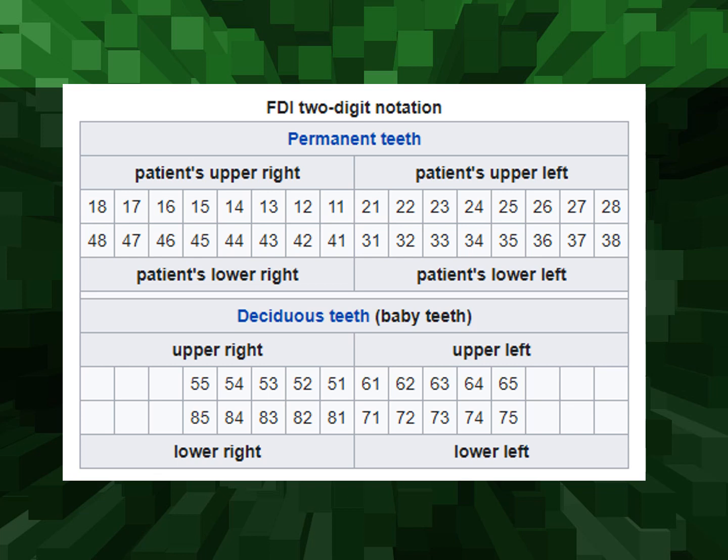For example, tooth number 54 means upper right first molar. 73 is lower left canine. I hope you understand.